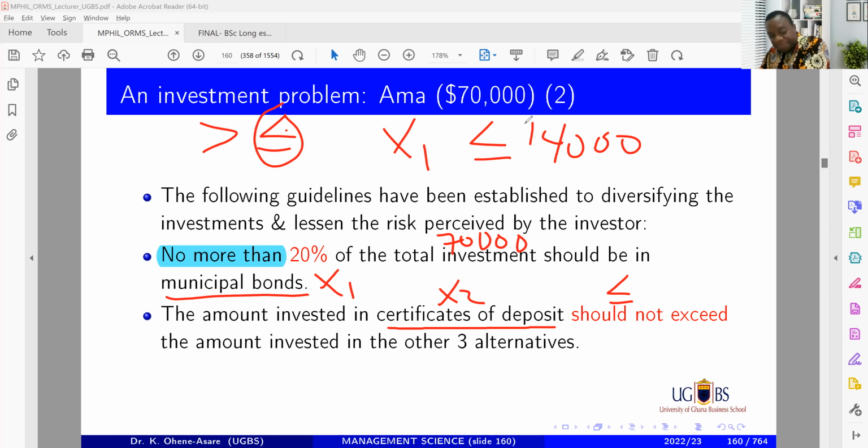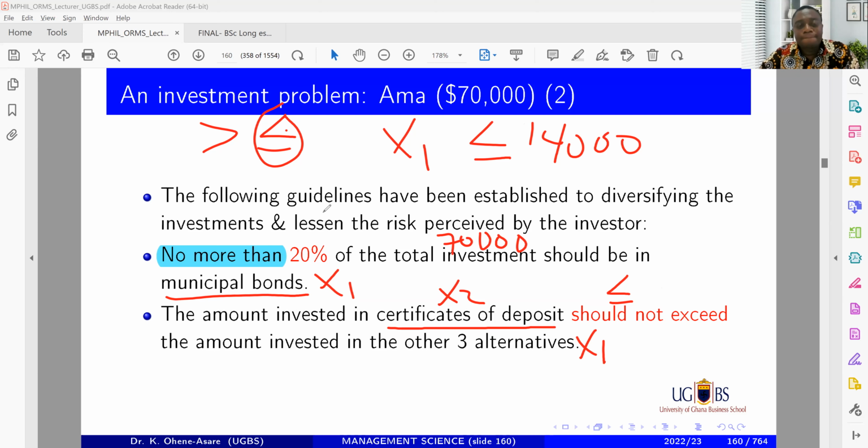And since there is a symbol which is less than or equal to, the relationship between X2 and the other three will be the sum of the other three and nothing else. Therefore, since the other three are X1, X3, and X4, how would you write this constraint?